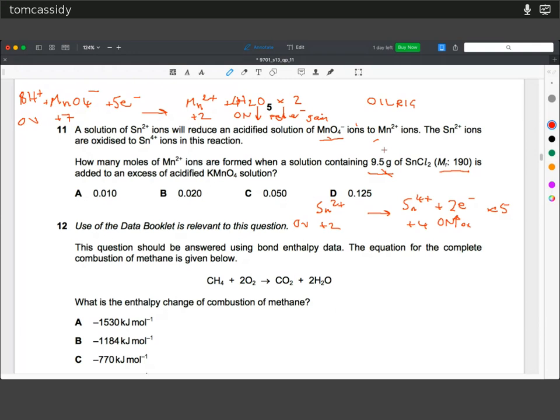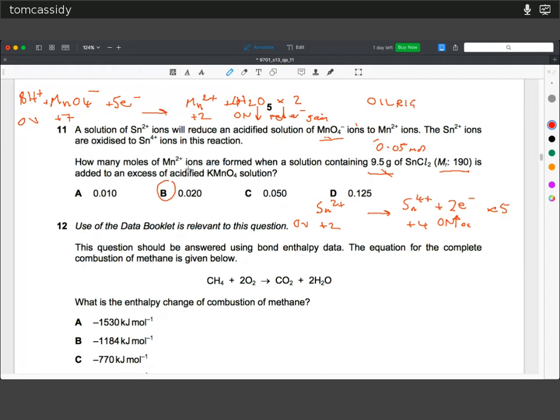is 0.05 moles of tin. And because we've figured out the stoichiometry of 5 tin to 2 manganese, well, if I've got 0.05 of a mole of tin, then I must have 0.02 of a mole of the manganate.